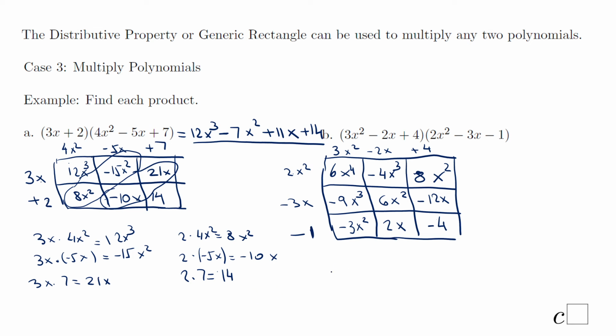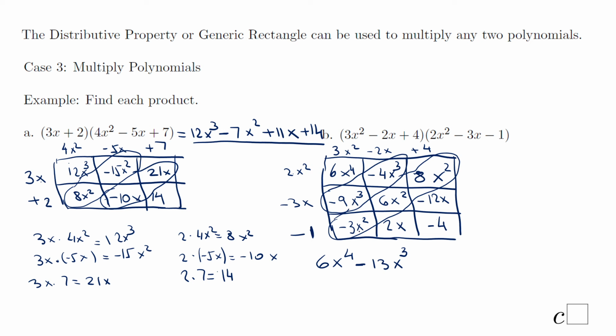Now let's see, do we have like terms? We have just this 6x to the 4th power, but then we have these two like terms. And we have here negative 9 minus 4, that will be negative 13x cubed. What about x squared? We have a bunch of them. We have these 3.